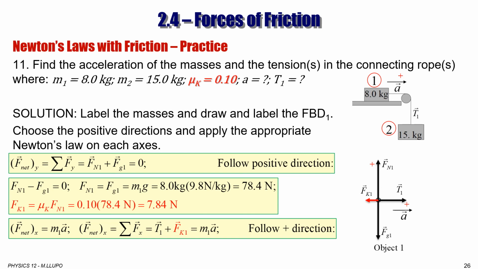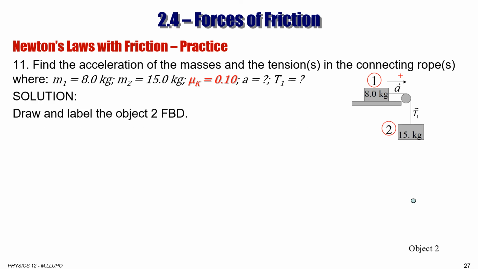Now on the x-axis we do have acceleration. So F net is equal to m1a. Sum of all forces. How many forces do we have? We have 2: T1 and Fk1. We follow a positive direction. T1 is positive and Fk1 is negative. So that is equal to m1a, and that is equation number 1. You see very few changes because of the friction.